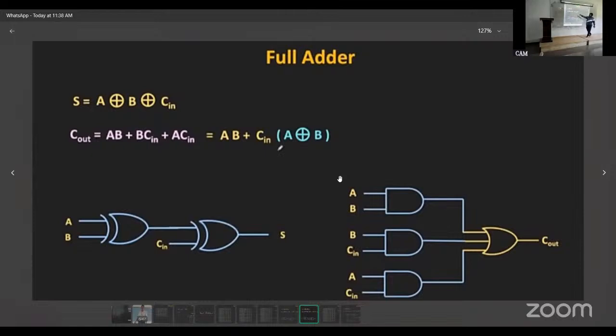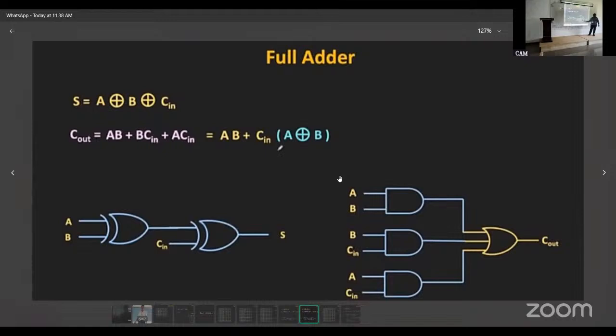Total implementation: AB plus BC in plus AC in, using an OR gate.